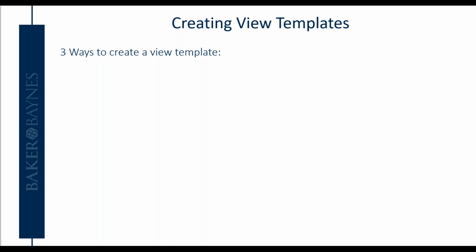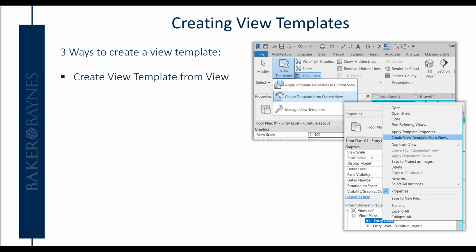Then just looking at how we typically create a view template, it's fairly easy. There's one of three ways. So the first and easiest way is to use an existing view and set it up to display like you want it. And then by simply right clicking on it, you select create a view template from view. And from there you can set it up.